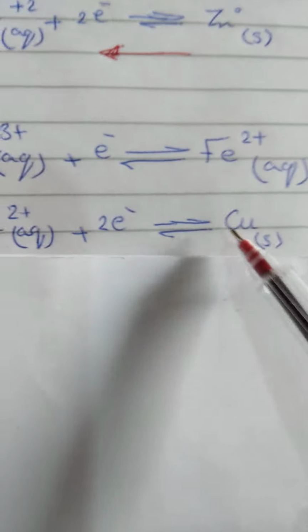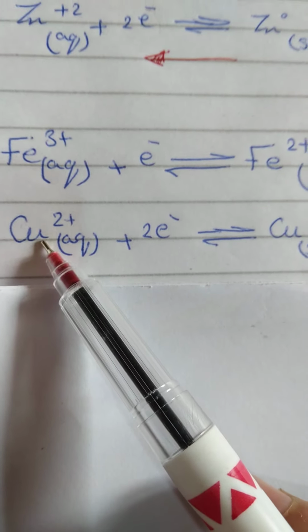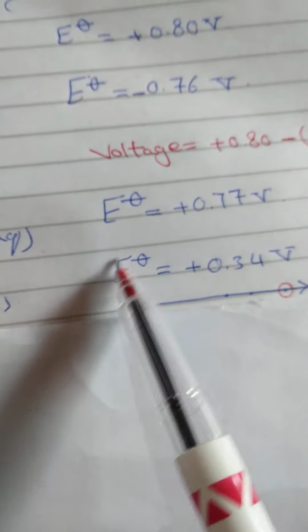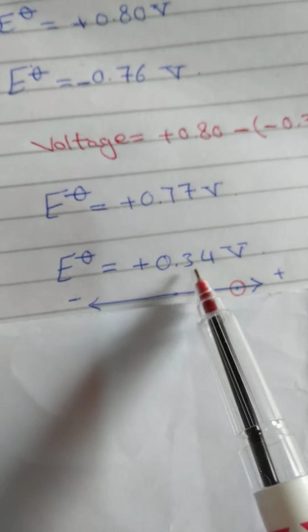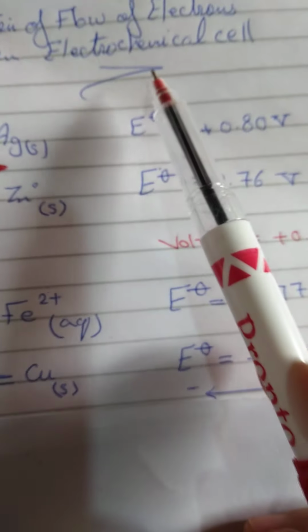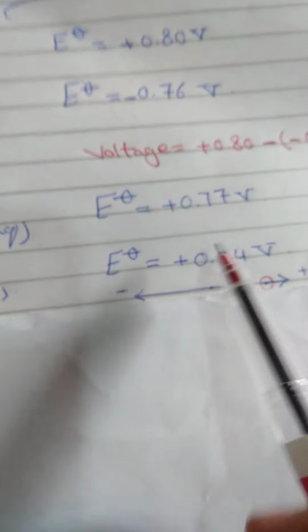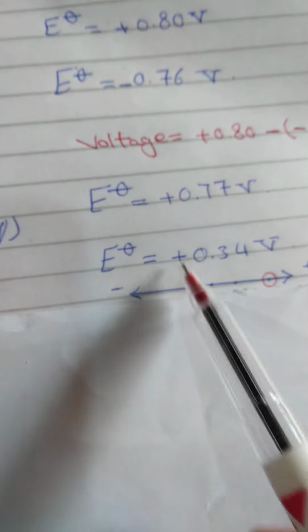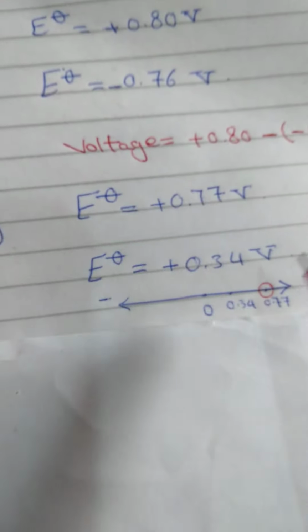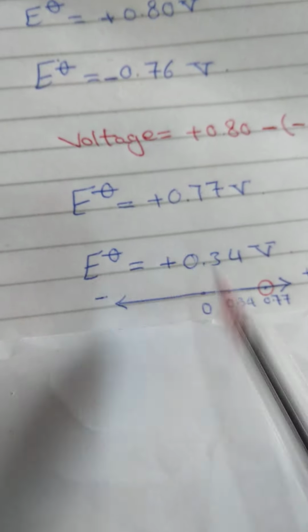If we have another redox system like copper metal in a solution of its ions, copper ions, we will have a potential produced by this half cell with E standard equals plus 0.34 volt. If we connect these two half cells together, we get an electrochemical cell. What is the net voltage of this electrochemical cell? Once again, it's the more positive value minus the less positive value.